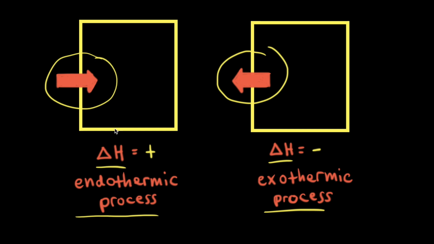So a phase change could be an endo or an exothermic process. A chemical reaction could also be an endo or an exothermic process. And even the formation of a solution could be classified as an endo or an exothermic process. Let's think about making a solution. So let's say that we have a beaker and we have it full of water, and we take a solid and we dissolve the solid in the water to form a solution.